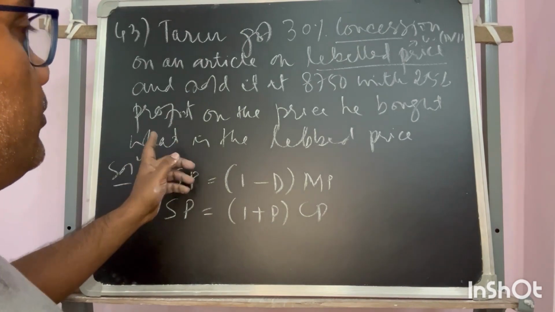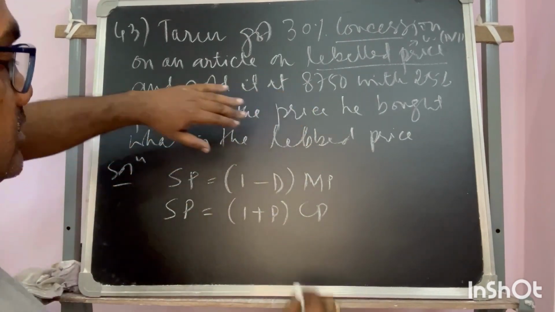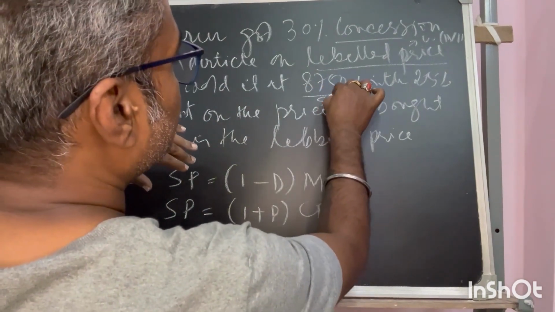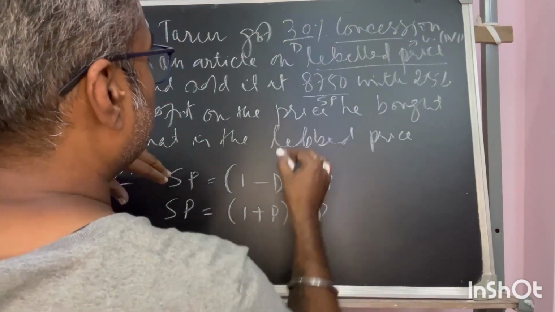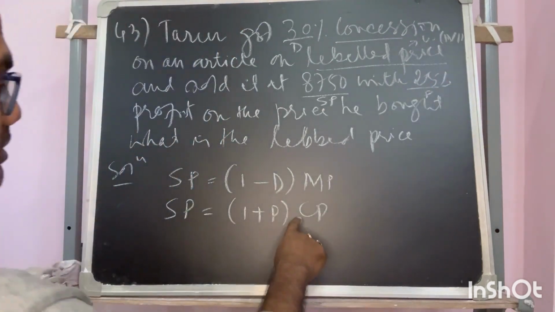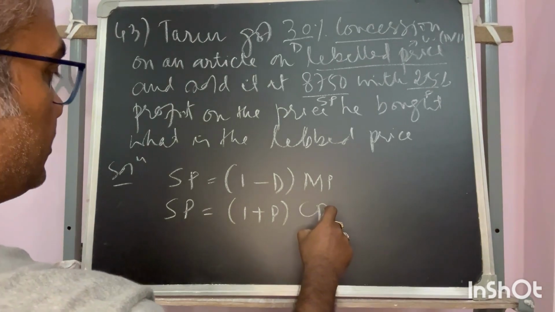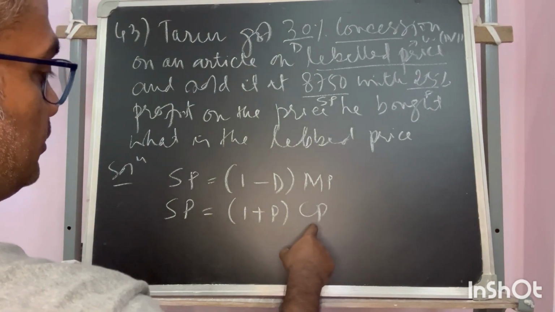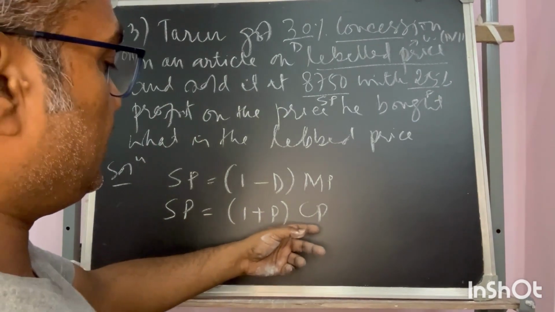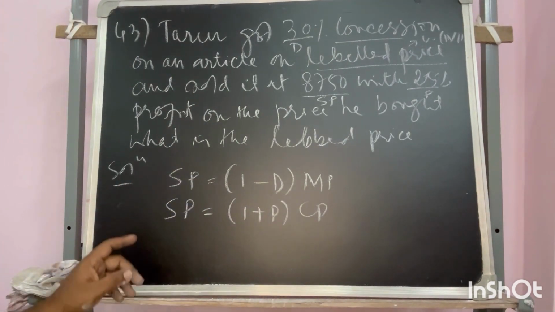Now what you have to calculate is the labeled price. So you know the selling price, the discount, and the profit. The only information that is not there is the CP. So if I can eliminate this, definitely I will get all these three relations.